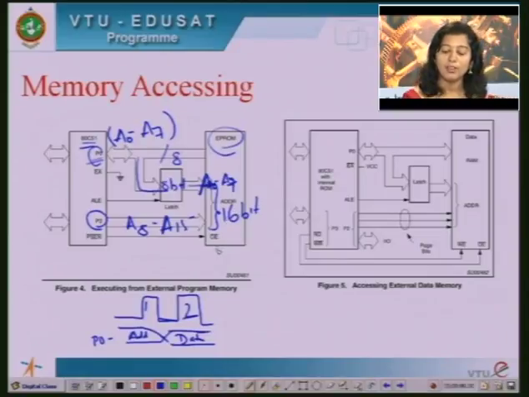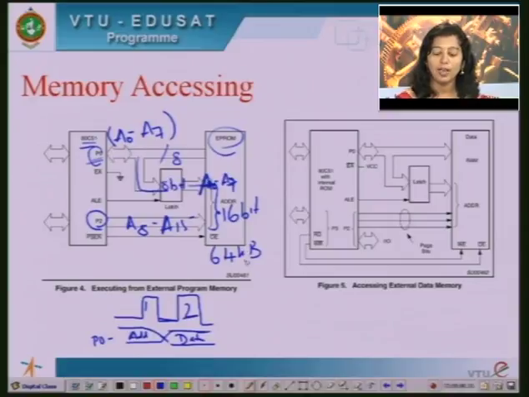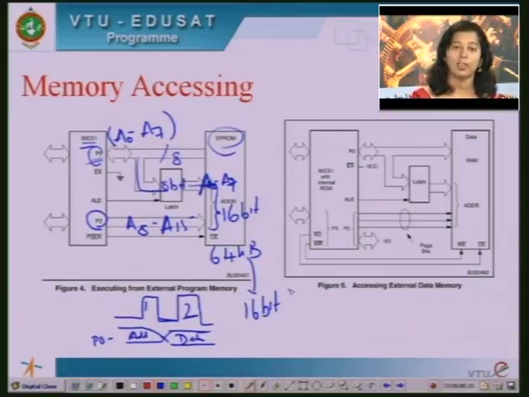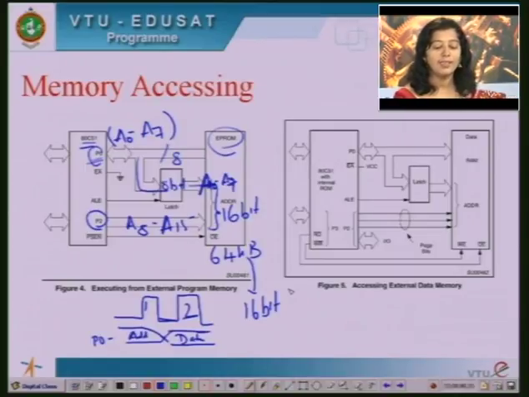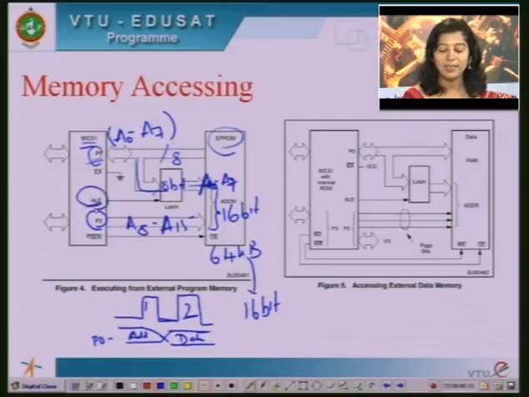So remember ROM has 64 kilobytes totally. So I need 16 bits to address one out of the 64 kilobyte locations, and in order to do this, this address latch enable pin what we have, this pin should be made active high.